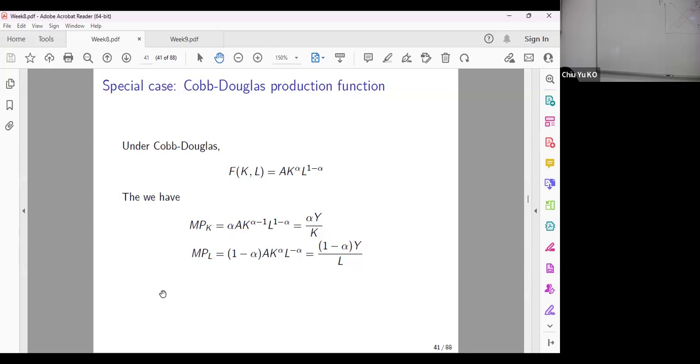But you can also estimate them by looking at the aggregate data. I can get the GDP from the government. How much capital? You can also get it from the government data. Alpha you can also know, because it is more or less 0.3, a stable number. So you can estimate the rental rate. Why do you care about the rental rate?